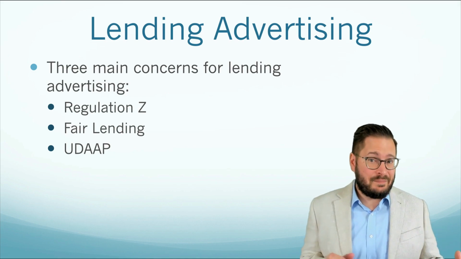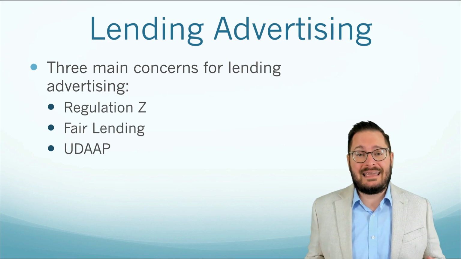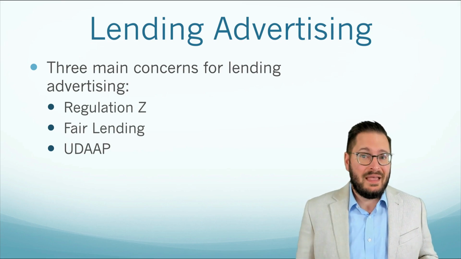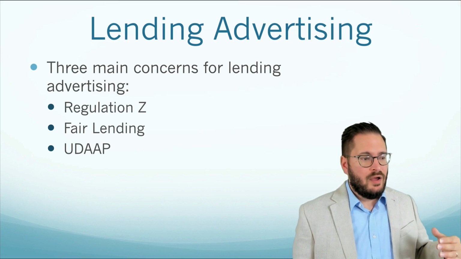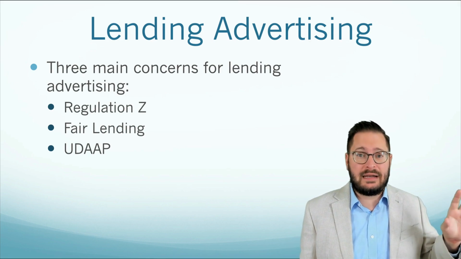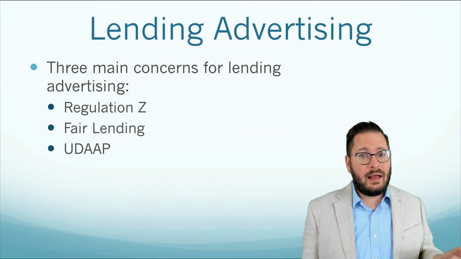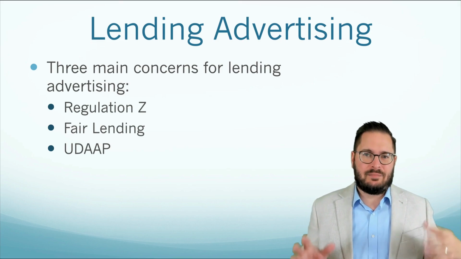Now, the second piece that we have to be aware of, of course, is fair lending. And fair lending is probably one of the highest risk areas in a financial institution. Fair lending can come from many different directions. It can come from what your loan officers say to your applicants, from your underwriting standards, the way you design your products, and even the way you advertise and market your lending products.